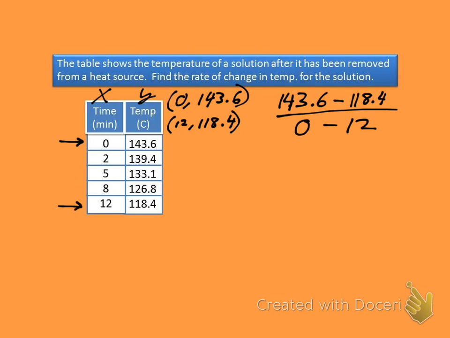Once you have that, now you actually do the operations up top and on bottom. So 143.6 minus 118.4, I believe, gives you 25.2. Is that right? Over 0 minus 12 to give you negative 12. And you do that division to give you negative 2.1.